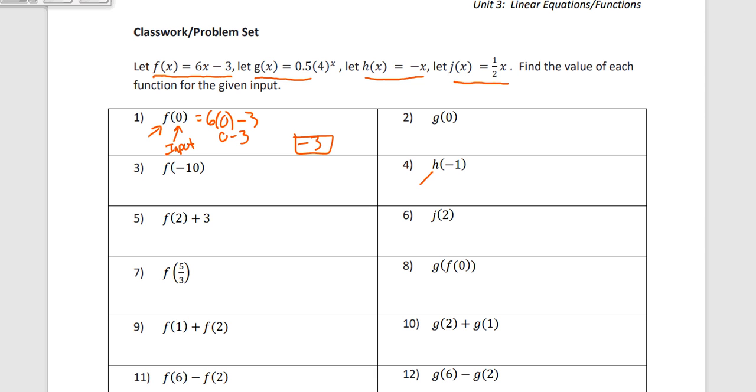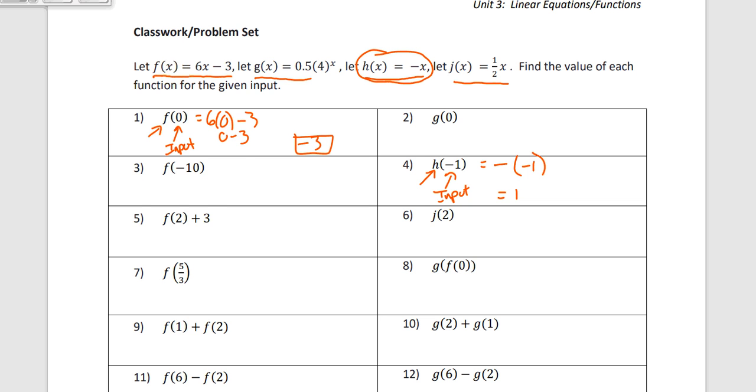If I did this one, now I have to look at function h, and they want me to plug in a -1 for my input. So I guess h says negative, and then in place of x, I put my input. So -1 is a +1.